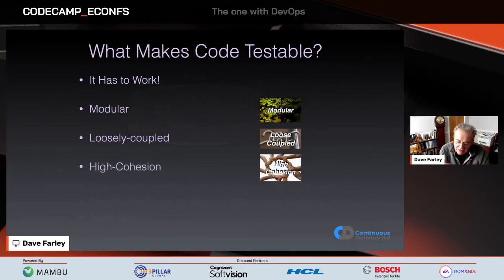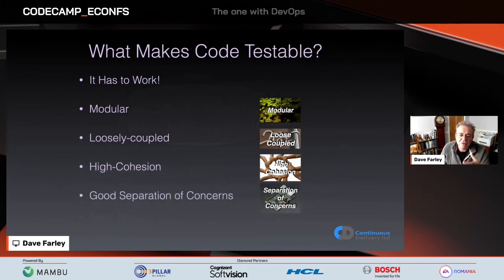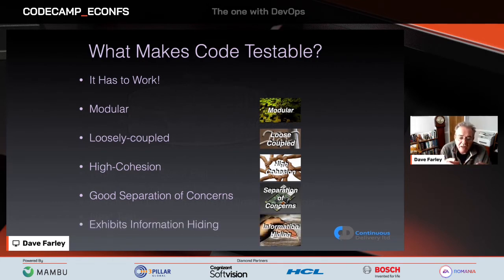It's cohesive so that the bits that are related are close together in the scope of the test, and I'm evaluating the behavior of my system through that test all together at the same time. It's got a good separation of concerns because we'd like to focus our tests on testing just the behavior in front of us and not worrying about complicated issues like putting things on a display or writing to disk or collecting things out of a database. It exhibits information hiding.